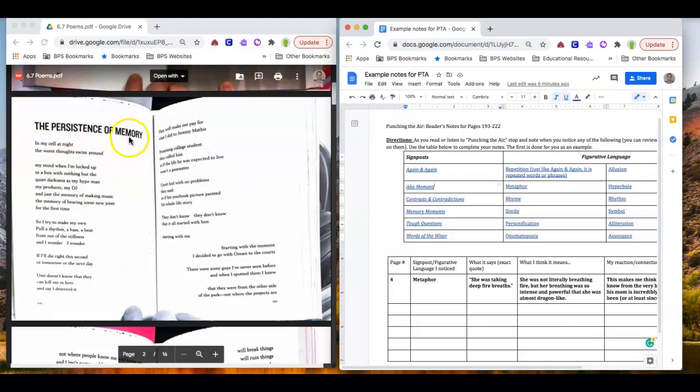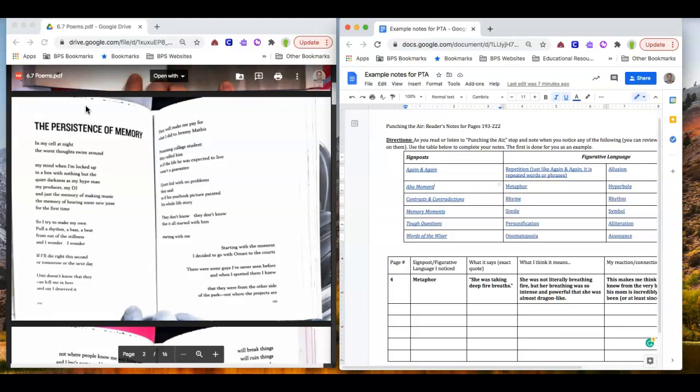The persistence of memory. In my cell at night, the worst thoughts swim around my mind when I'm locked up in a box with nothing but the quiet darkness as my hype man, my producer, my DJ, and just the memory of making music, the memory of hearing some new joint for the first time. So I try to make my own, pull a rhythm, a bass, a beat from out of the stillness, and I wonder, if I die right this second or tomorrow or the next day, Umi doesn't know that they can kill me in here.